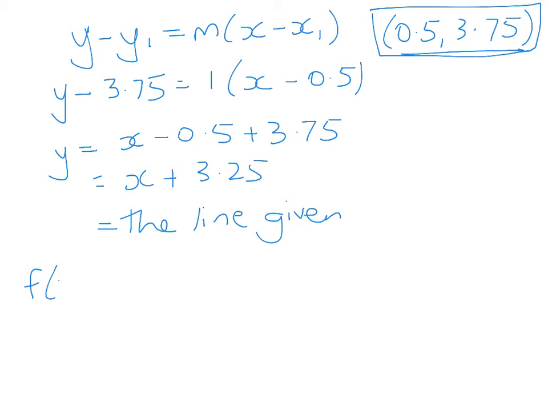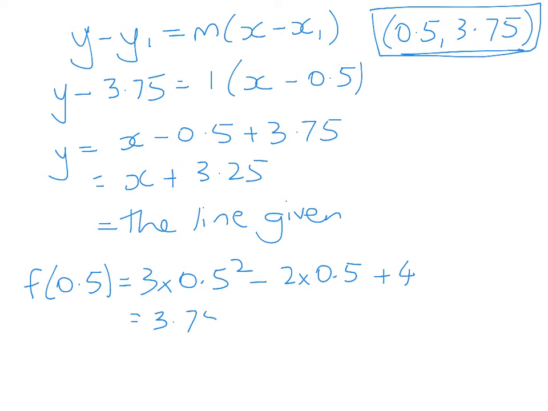So let's substitute in f of 0.5 back into the original function, and what do we get? Let's just check. So it's 3 times 0.5 squared, so that's 3/4, minus 1, 2 times 0.5, plus 4, so that gives me 3.75, as told.